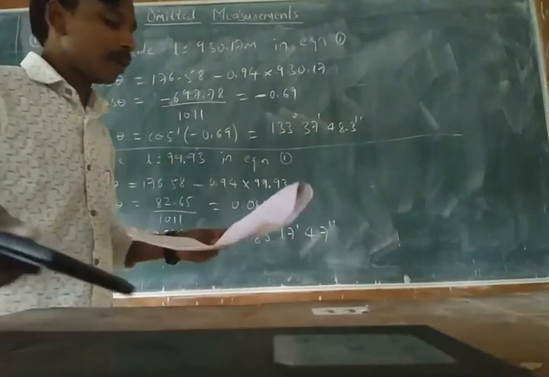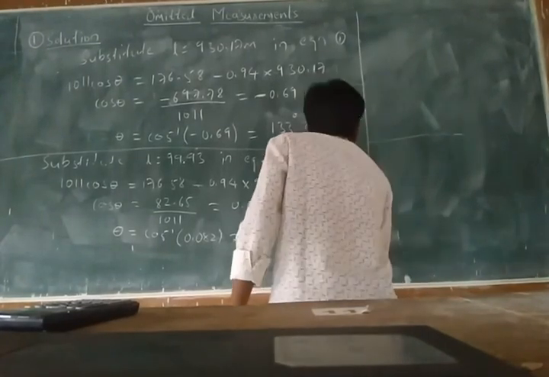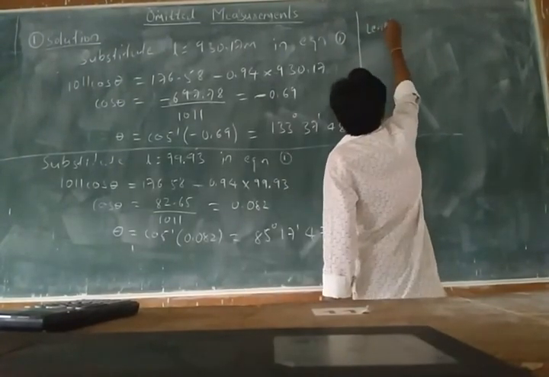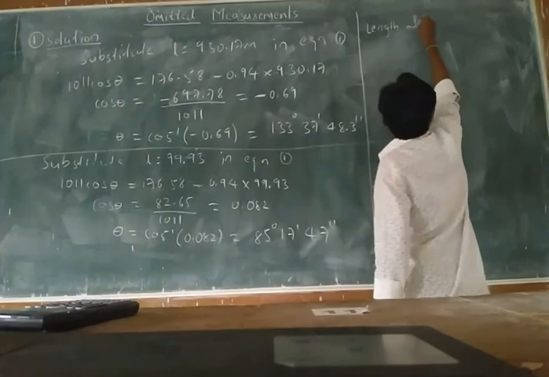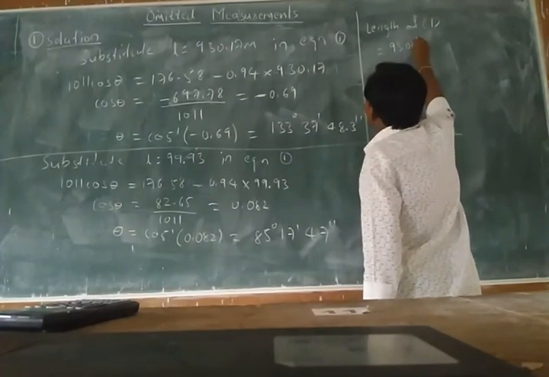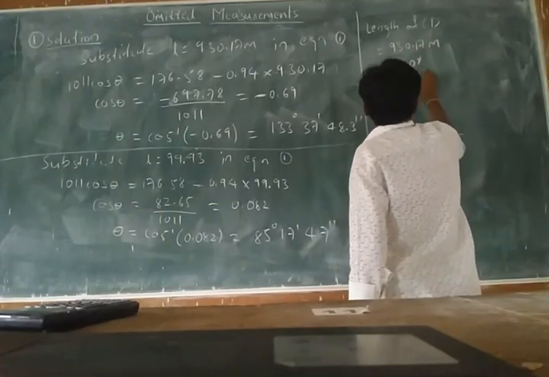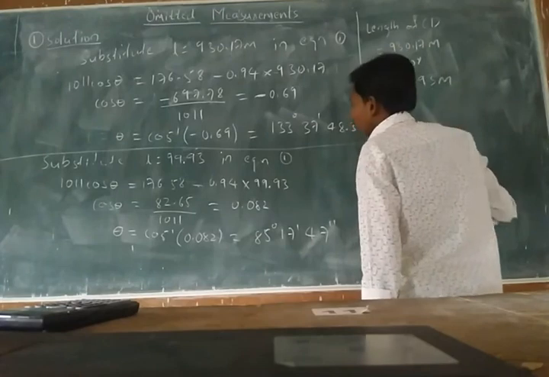So the length of CD, here I will write, length of CD is equal to 930.17 meter or 99.93 meter.